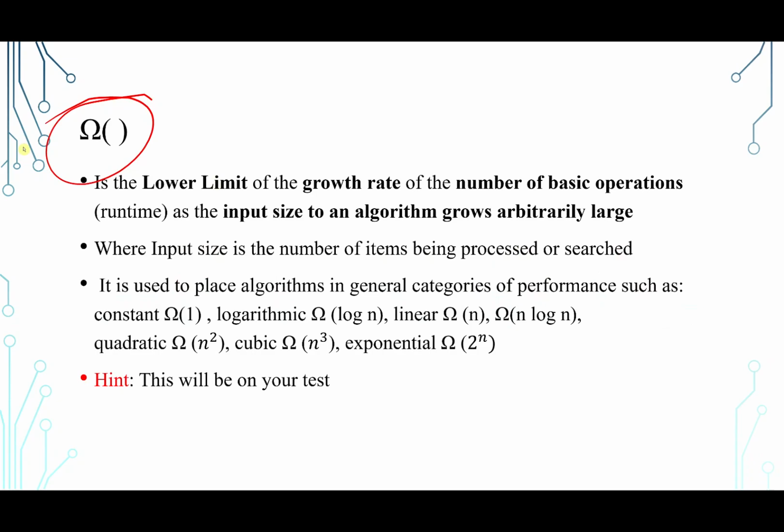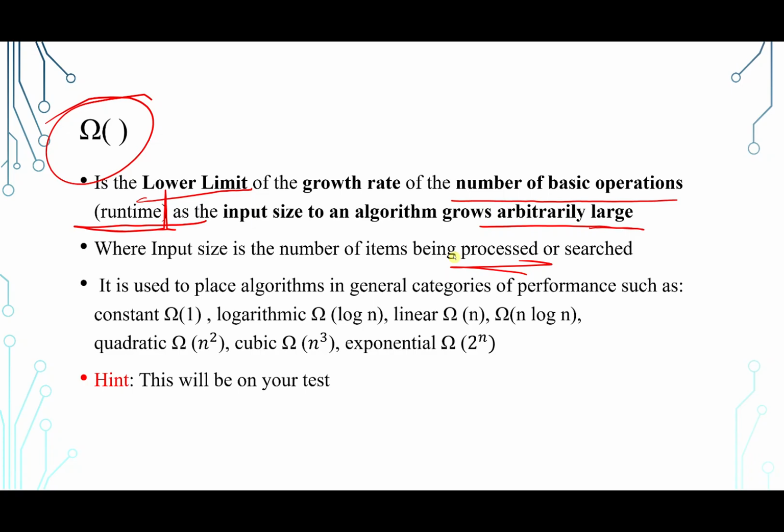Big omega is the lower limit, the lower bound of the growth rate of the number of basic operations, I'm talking about runtime, as the input size to an algorithm grows arbitrarily large. The input size is the number of items being processed. Remember that?